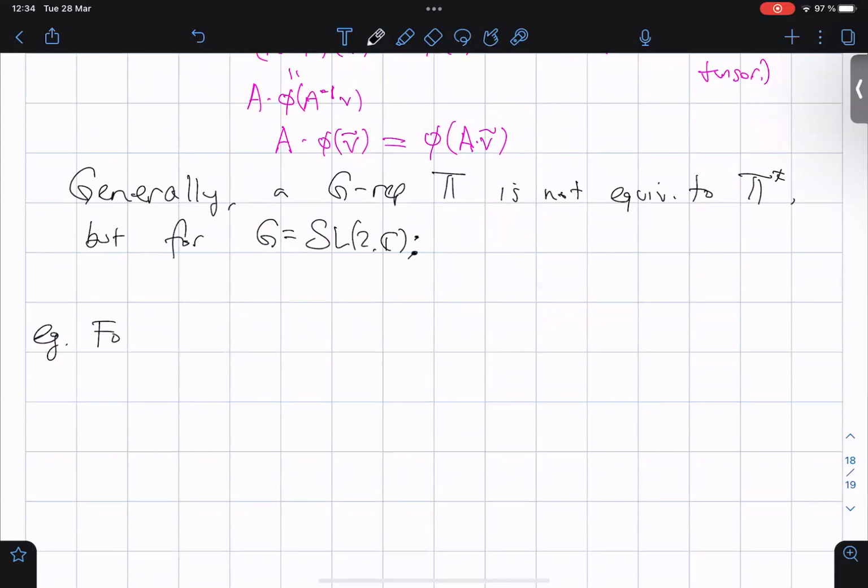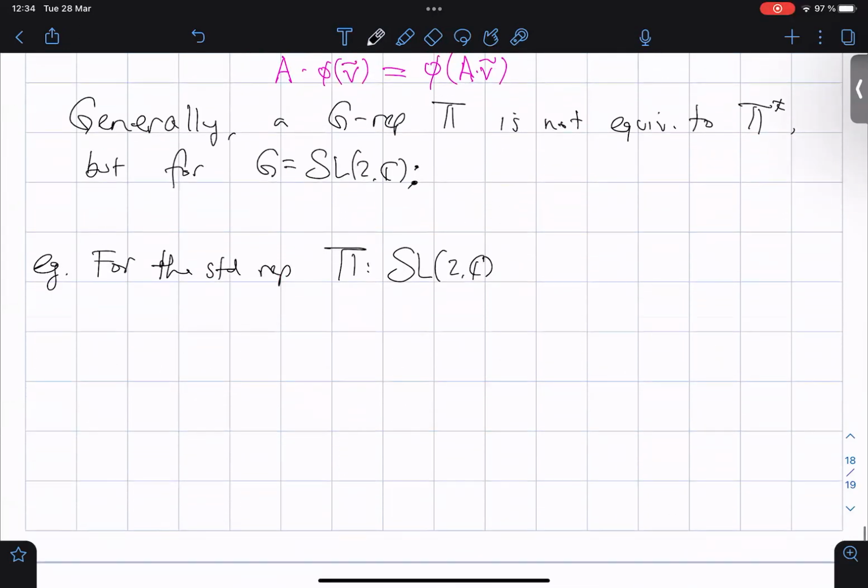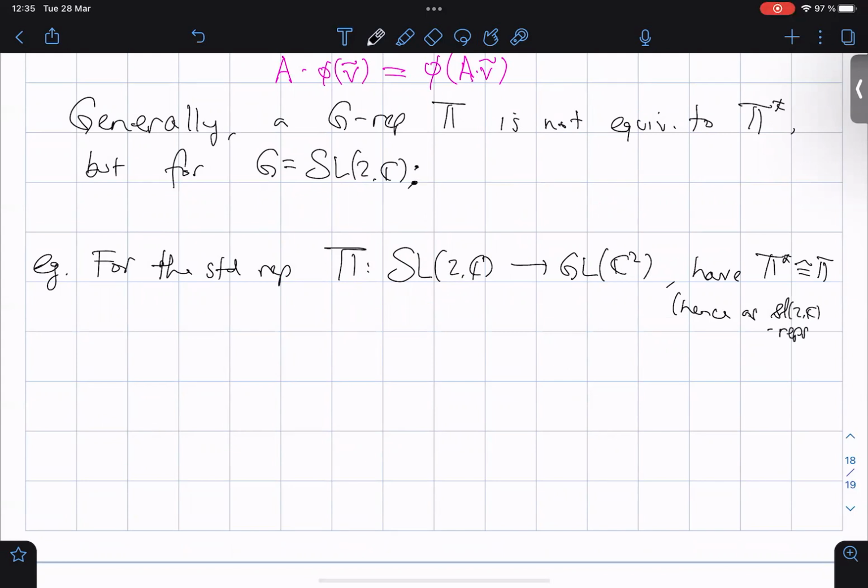So for the standard representation pi, SL2C acting on C2, we have pi star equal to pi, and hence at the Lie algebra level as well, for SL2C.